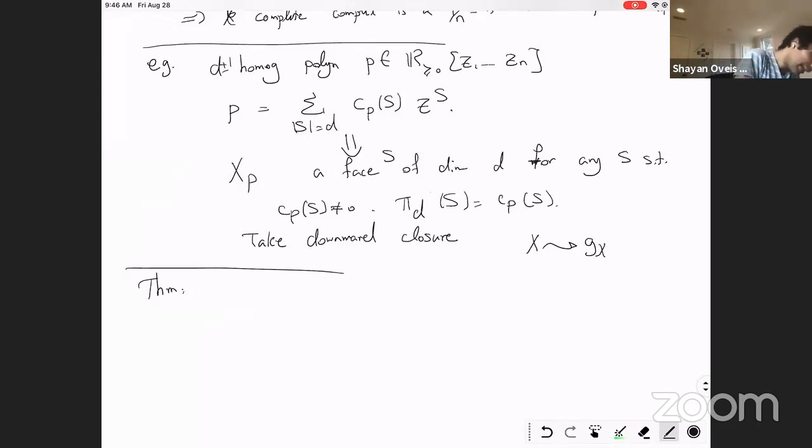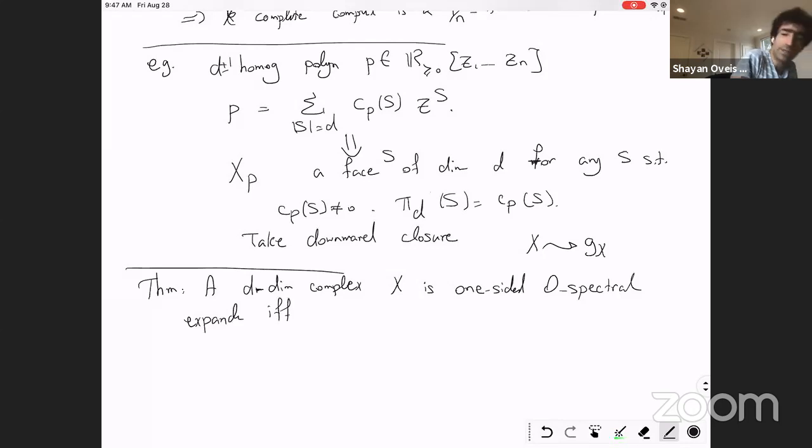Now here's a theorem: a d-dimensional complex X is a one-sided zero spectral expander if and only if g of X is completely log concave.